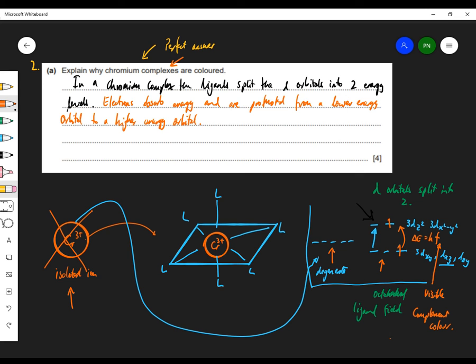My spelling's not very good, is it? So in a chromium complex, the ligands split the d orbitals into 2 energy levels. Electrons absorb energy and are promoted from a low energy orbital to a higher energy orbital.